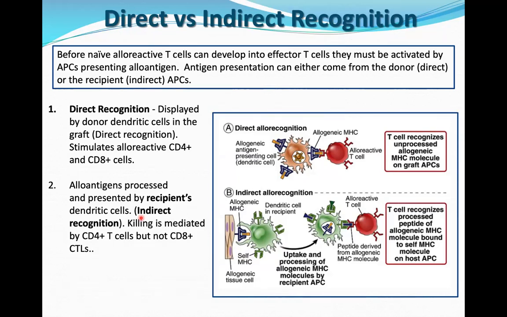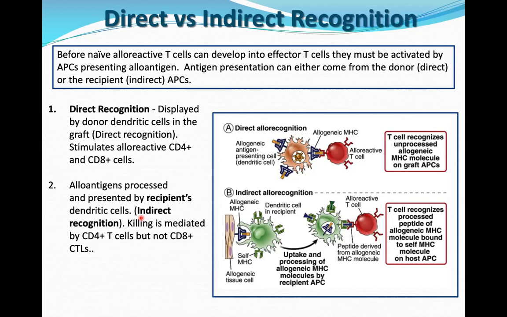And this includes antigen-presenting cells like dendritic cells, as well as the donor's T cells. So we have two types of antigen presentation. One comes from the donor's dendritic cells presenting the donor's MHC antigens to the recipient's T cells.